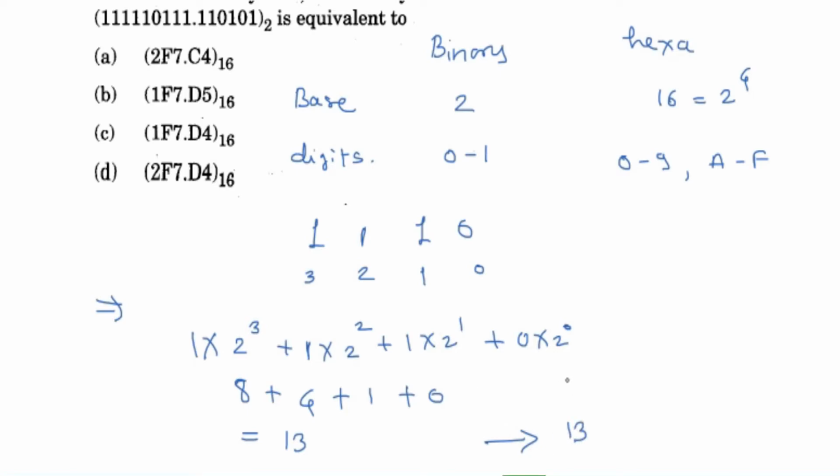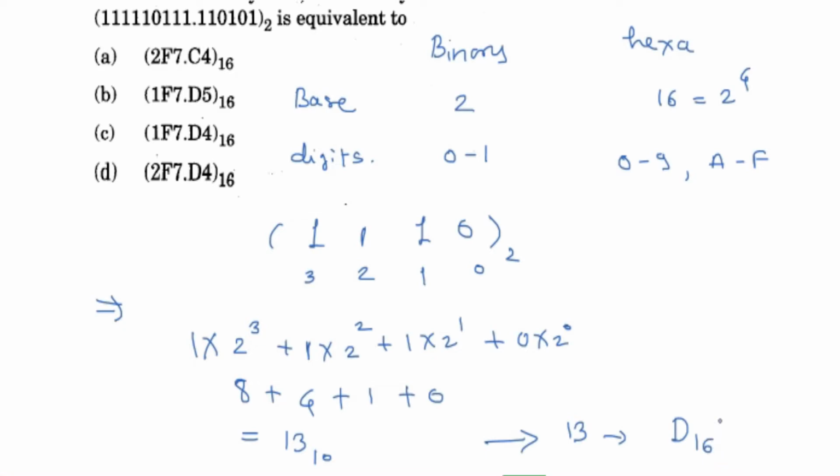We'll be using this kind of combination to convert the number. So this is decimal, so it will be 10. This number is in binary format, so the base will be 2, and this number 13 which will be converted to D will be in base 16.